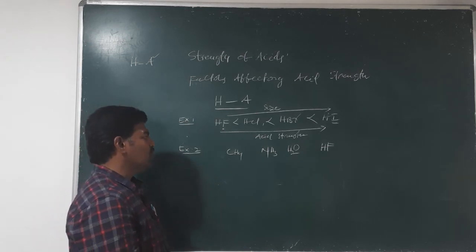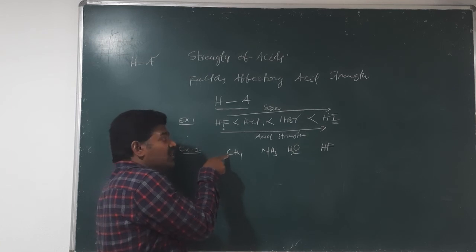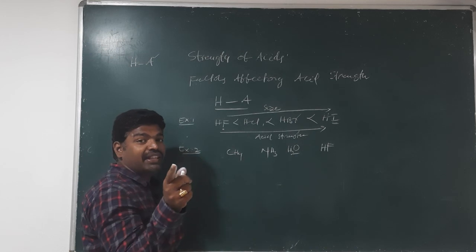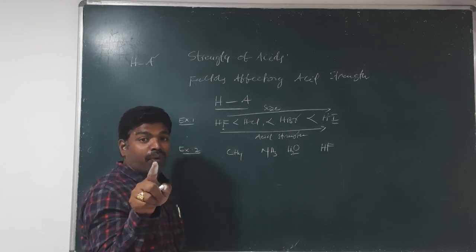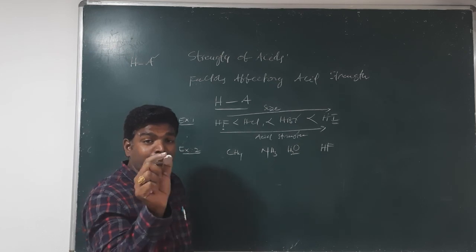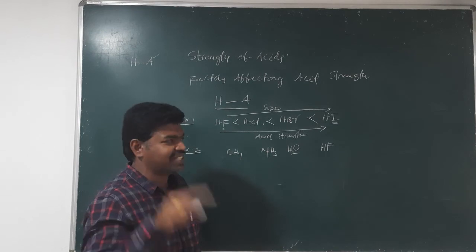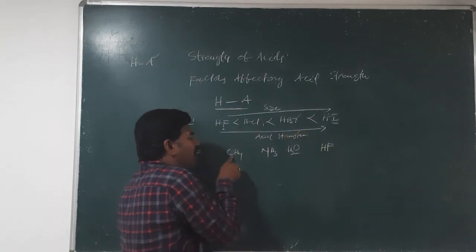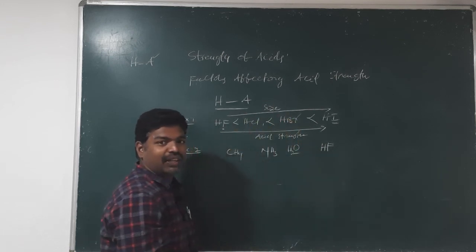Here we are comparing the elements of the same period, so what is the rule? The polarity of the bond between the atoms decides the acid strength. From carbon to fluorine, electronegativity increases.